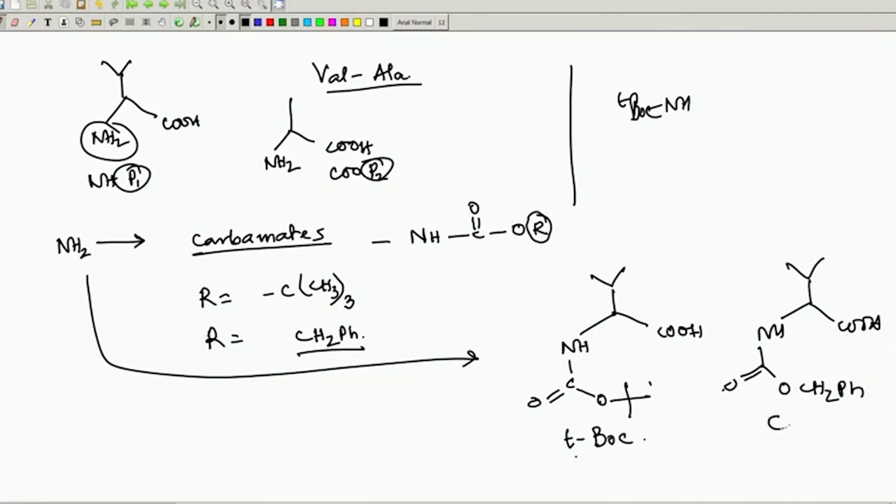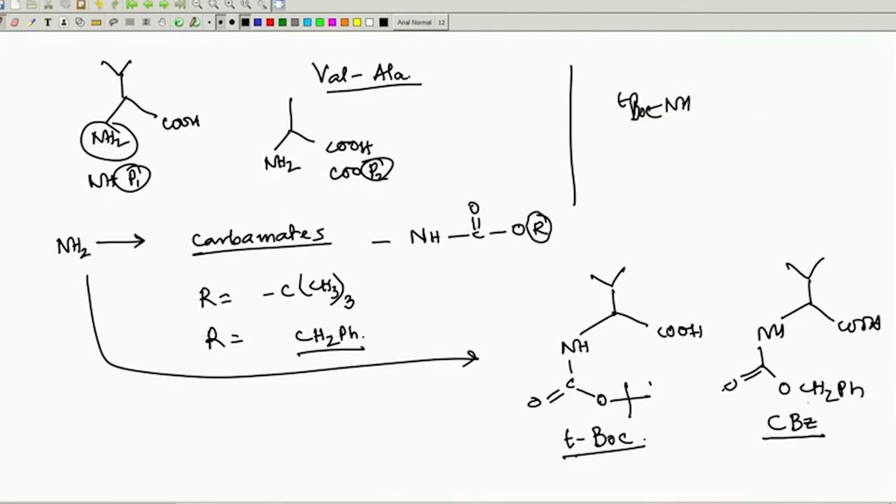That is why this is called CBZ. You could have called it benzyloxycarbonyl, but they do not, because that would match with butyloxycarbonyl, and it is very difficult to differentiate between these two. So, this is called carbobenzoxy, CBZ, and this is called T-BOC.